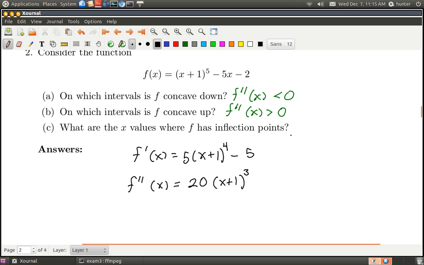So our strategy for finding where this function is positive and where it's negative is exactly the same as before. We're going to break the line up into regions that are separated by the roots of f double prime. As you can probably see, it looks like this thing has 3 roots, but it actually just has a root at -1.